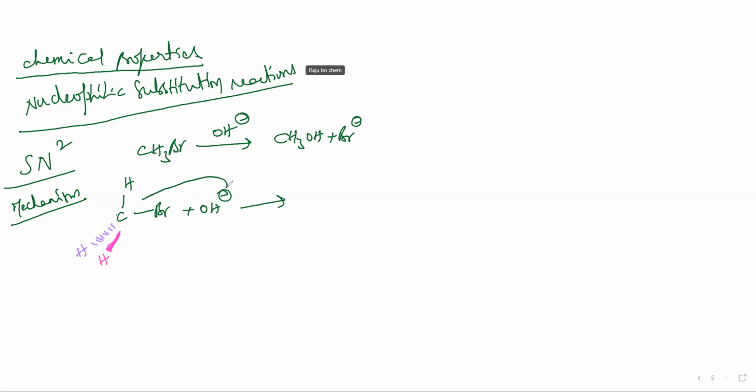Nucleophile. Now, this cannot attack from the front side, so it will attack from the back side. And what happens? There is bond formation between nucleophile and carbon, and bond breaking between carbon and bromine.